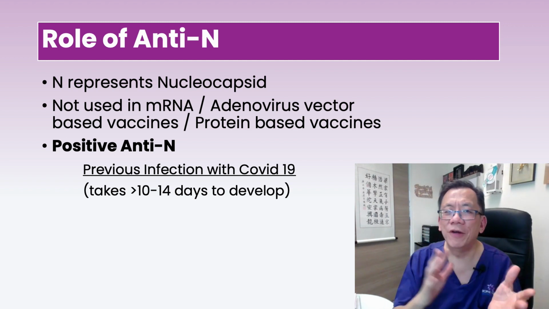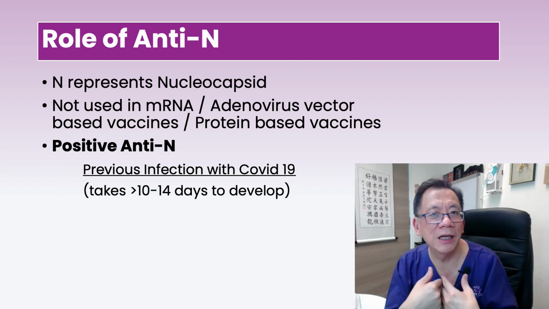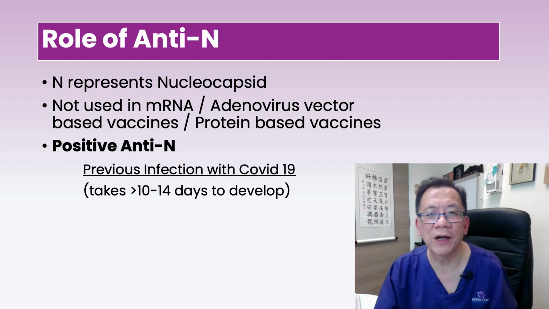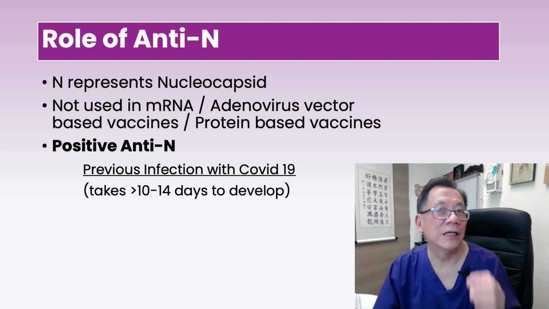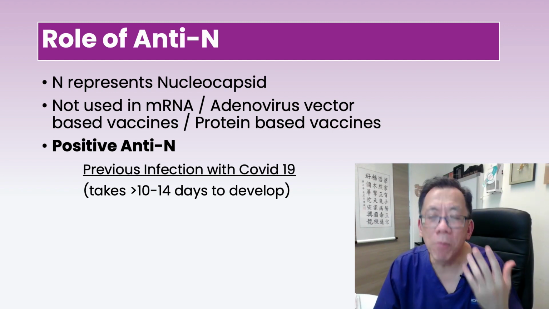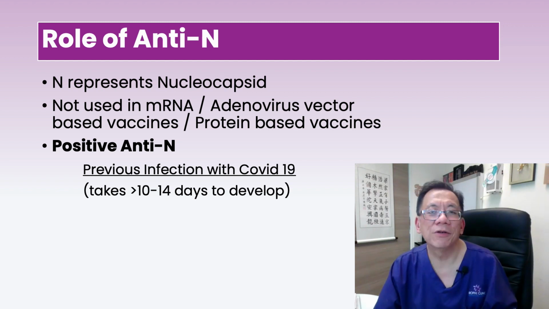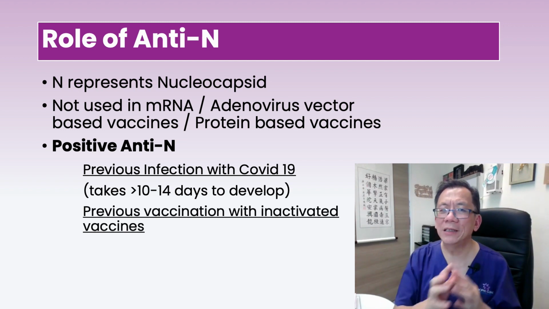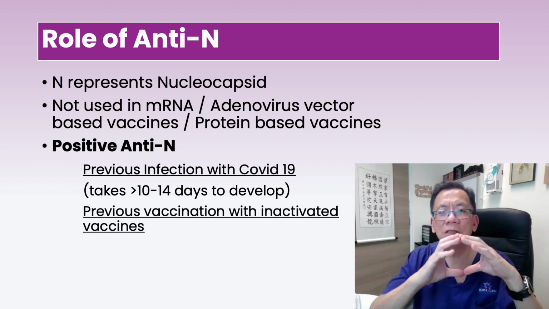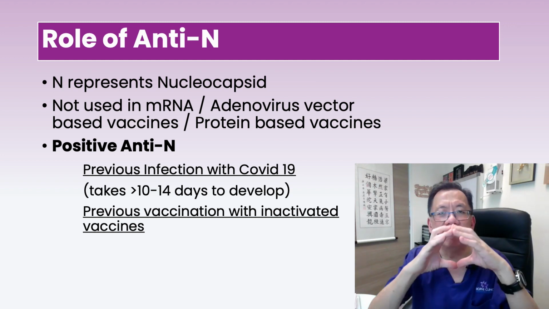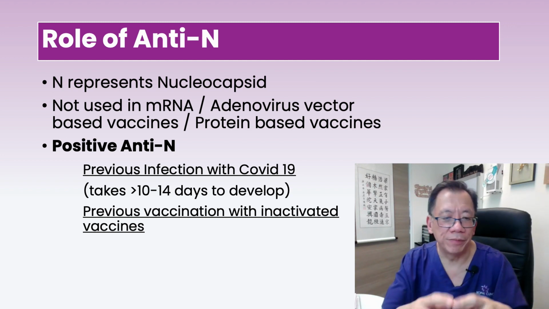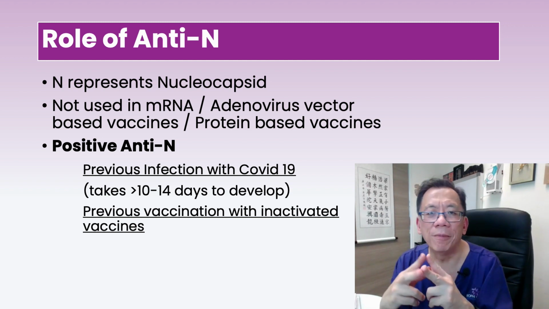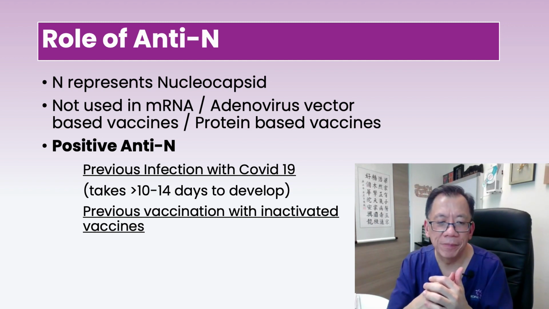So this is a very easy test which doctors like myself will use anti-N to decide if the person has been previously infected. And mind you, it can take 10 to 14 days or more, even 21 days for the anti-N antibodies to develop. But you also realize that some vaccines use the whole virus for vaccination. You have the Sinovac, Sinopharm, as well as the Covaxin from Bharat, which is from India.